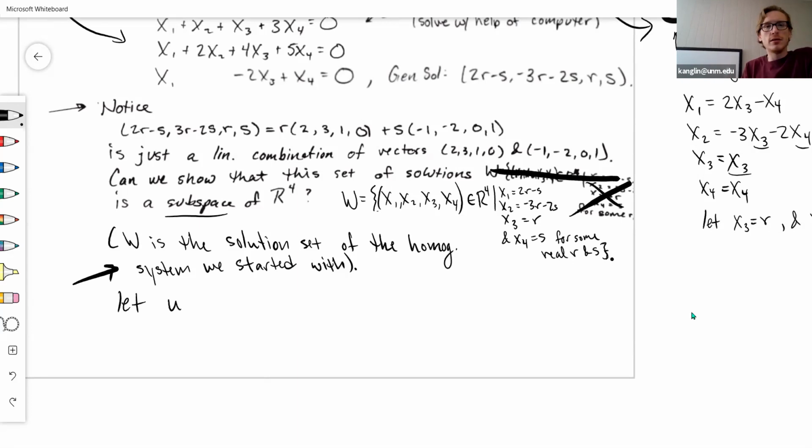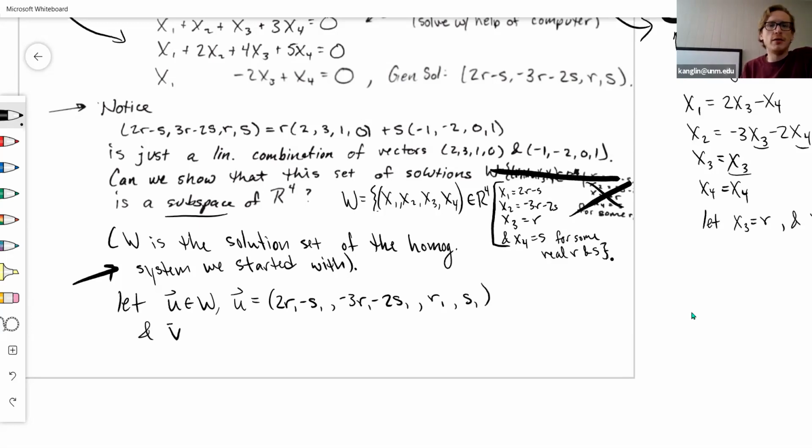Let U be in W. And let's write U as, the U values have to have this form, I'll call it 2R1 minus S1, negative 3R1 minus 2S1, R1, S1.